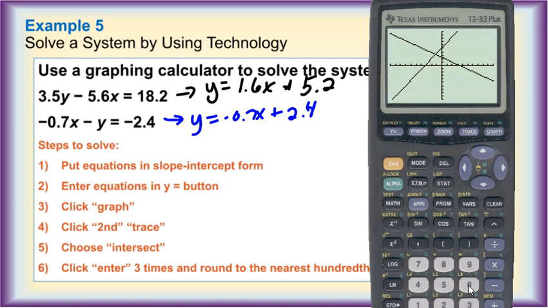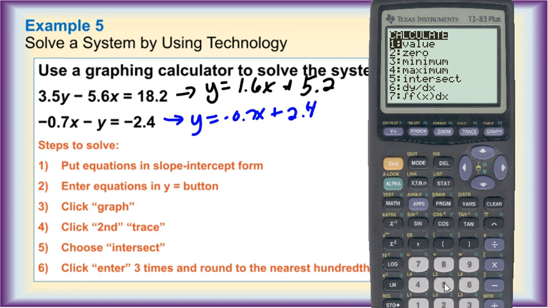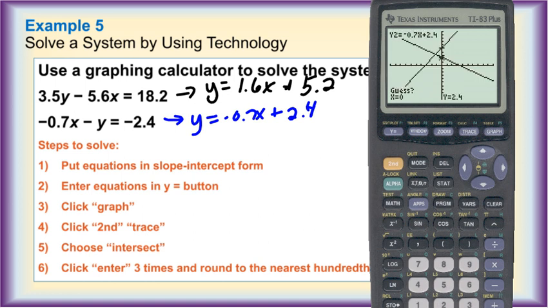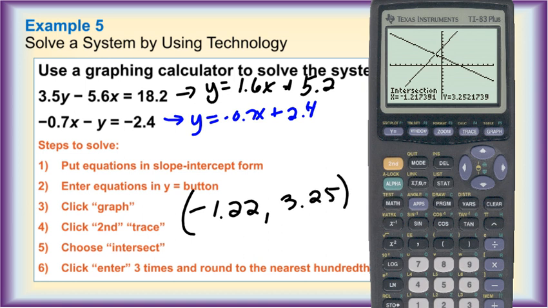There you can see what we would have here. Since there's no word problem on this one, I can have negative numbers here. So second, trace, number 5, intersect and hit enter 3 times. To the nearest hundredth, so 2 decimal places, I would have negative 1.22. And our y would be 3.25. And that's where they would intersect.